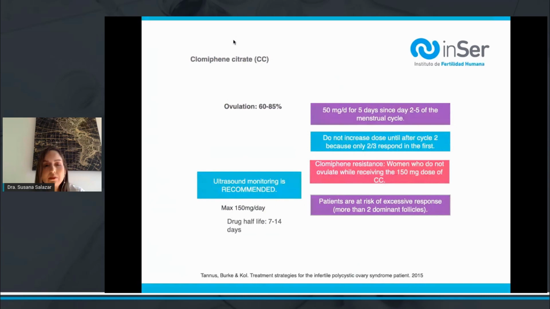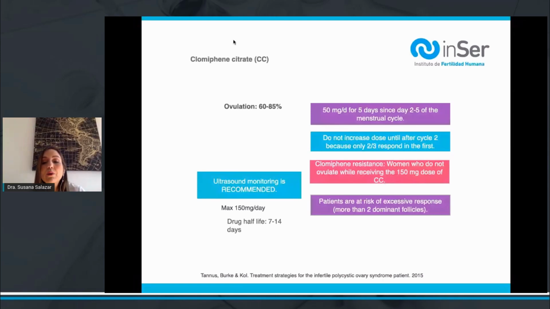Patients achieve ovulation in 60 to 85%. The dose is 50 milligrams a day for 5 days, from day 2 to 5 of the menstrual cycle. Do not increase the dose until after the second cycle, because only 2/3 respond in the first cycle.